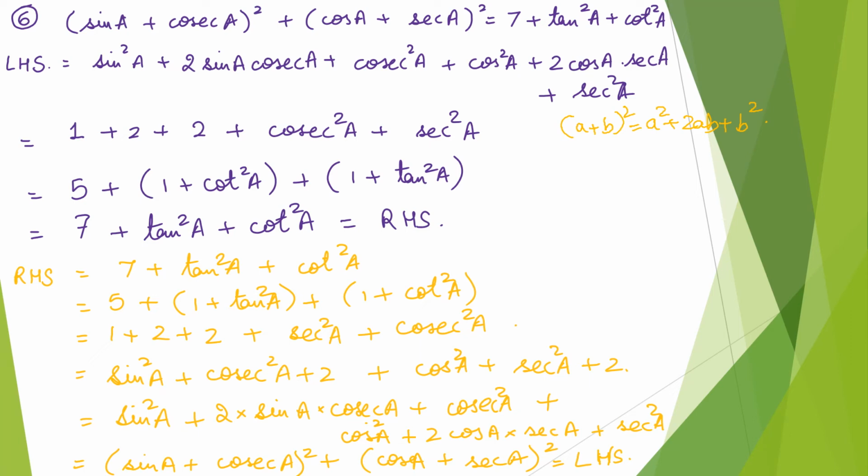So I get sin square a plus 2 sin a cosec a. Now you know the sine and cosec are reciprocals of each other. So these get cancelled and I'm left with only 2 over here. In the same way over here, these get cancelled and I will get 2.